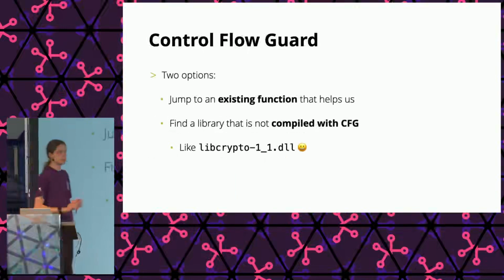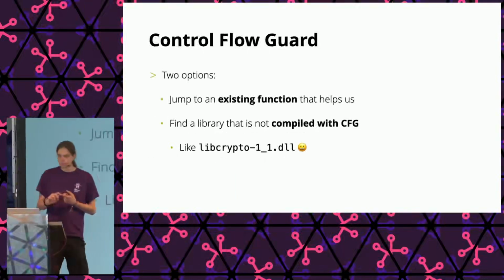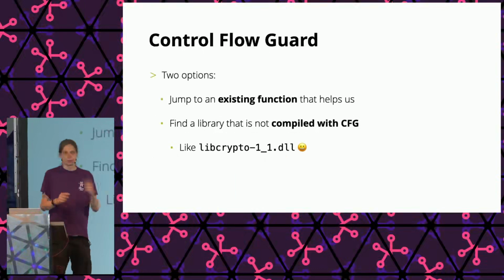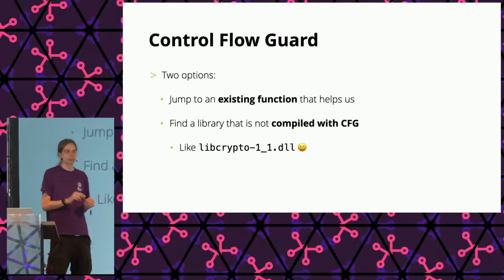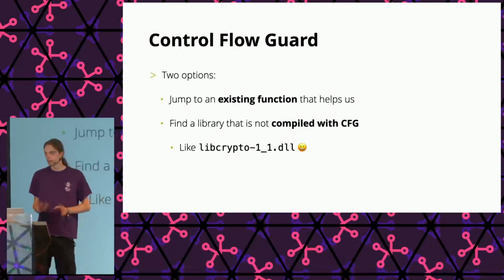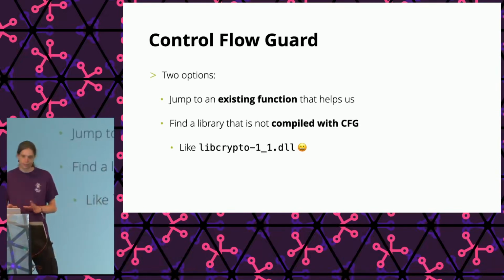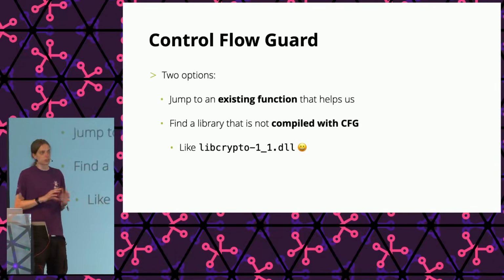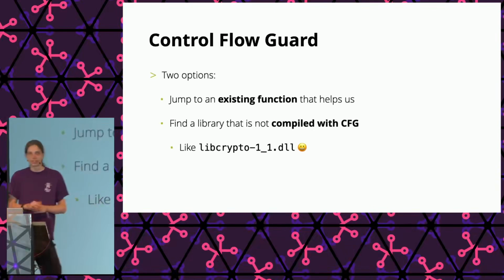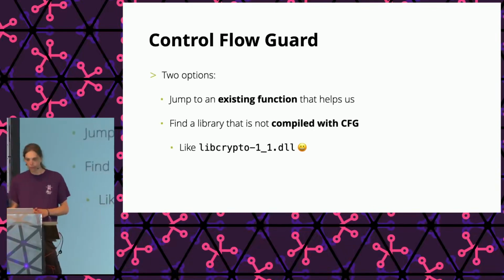So that means basically two things. Any function pointer being called within OpenSSL does not have that check, but that's not what we wanted to use. It also means that valid start addresses are not known for libcrypto. So we can just jump into any function at any location. So that's what we used here.